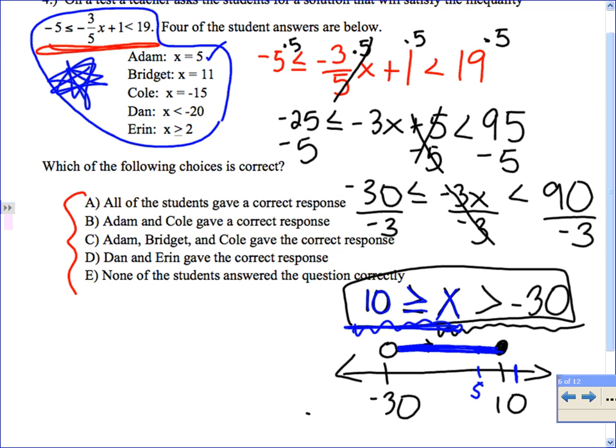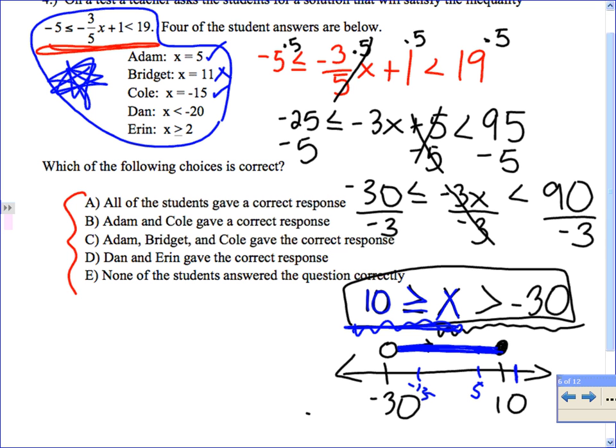Okay, that is not correct. Based on our answer, 11 is not between -30 and 10. So it cannot be 11. Cole said x is -15. -15 is about right here. So yes, x can be -15. So Cole is right and Adam is right so far.